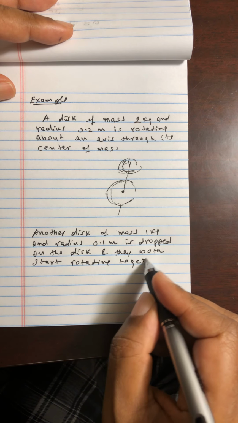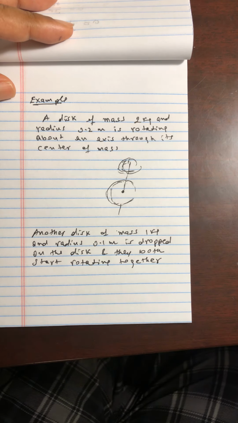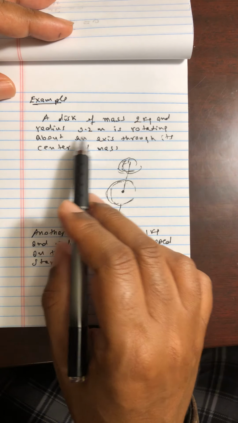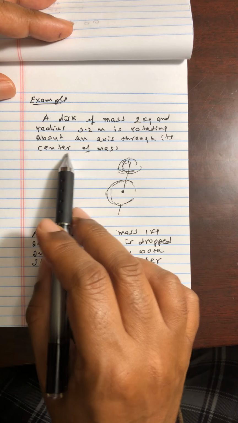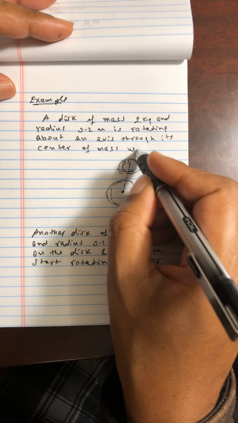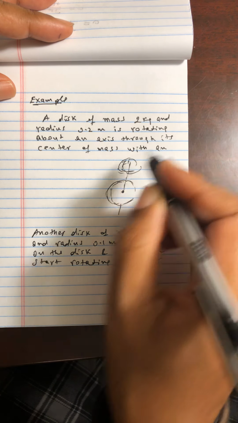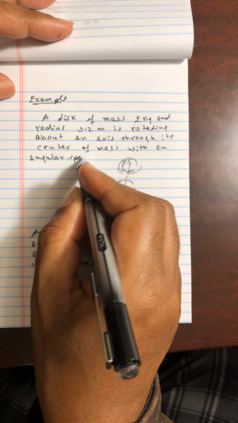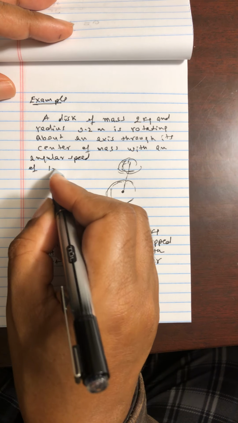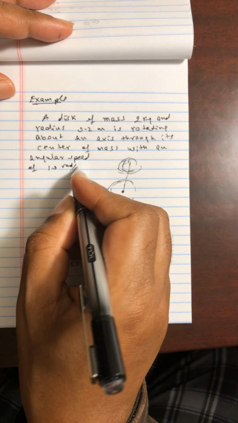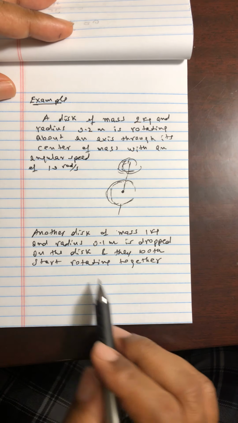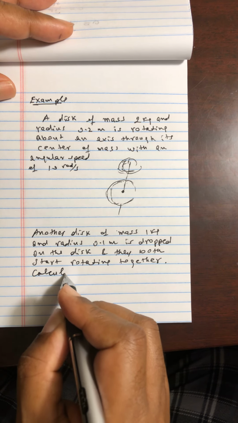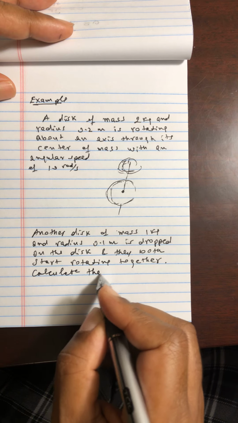I should give the speed over here. About an axis through the center of mass, let's say with an angular speed of 10 radians per second. Calculate their angular speed.